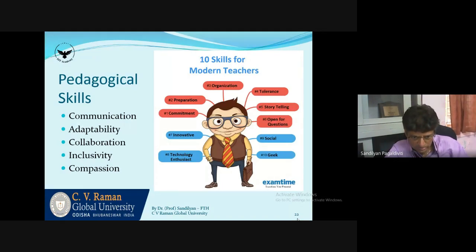So you can expect a lot of awkward questions out of the blue. So you must be able to adapt to all these situations. Collaborative, yes, amongst yourself, amongst your students, include them, have compassion for the students and your fellow colleagues and so on. Can we move on to the next slide?